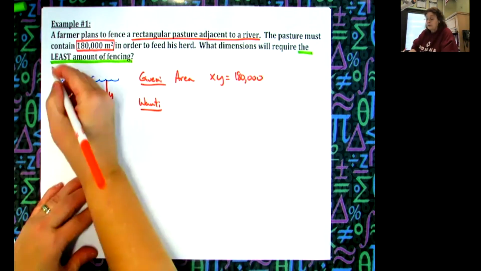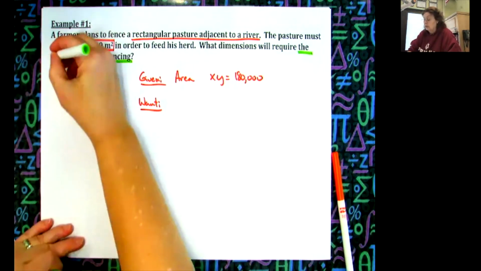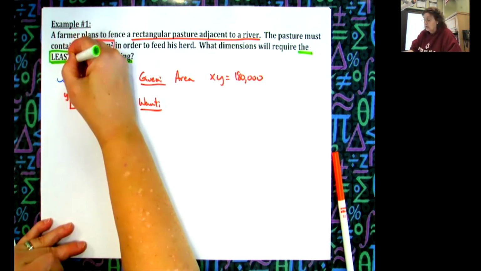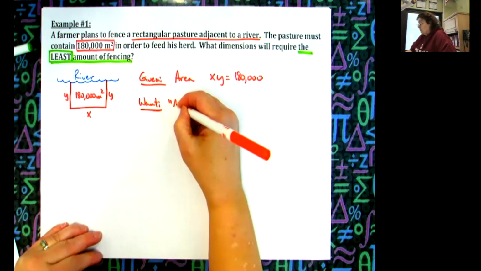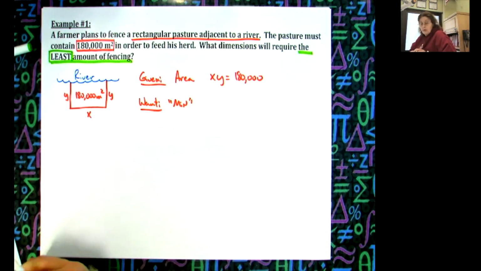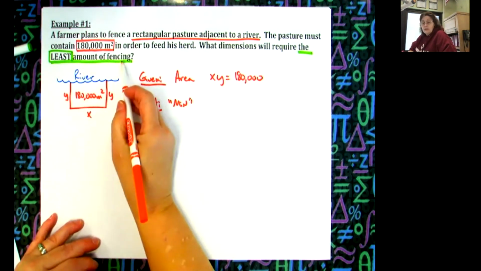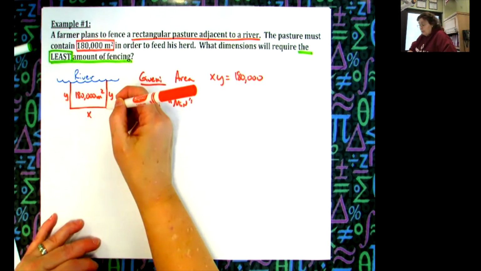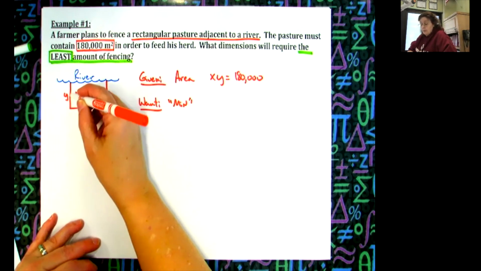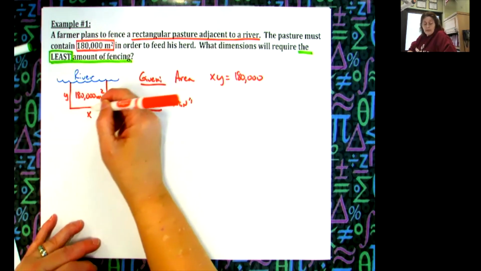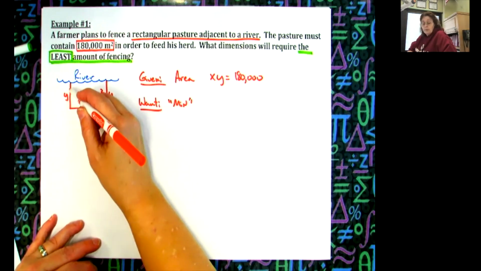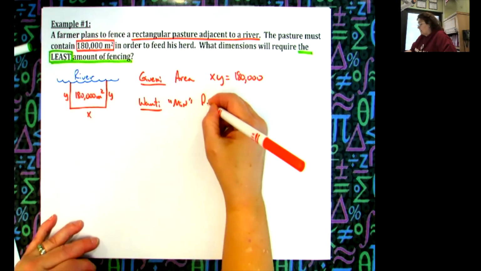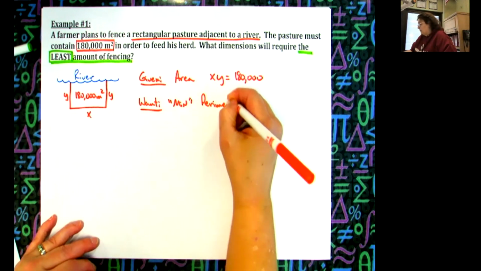Now what am I wanting to do here? We said least amount of fencing, which tells me that I am trying to do a minimum problem. I'm trying to minimize. Now, amount of fencing: I would put fence here, here, and here. When I go around the outside, that is the perimeter of a shape, so I want to minimize my perimeter.